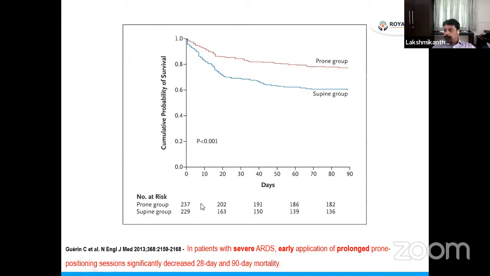The patient should be in prone position for at least 16 hours in a day. Proning for 2 to 3 hours will not help you. It should be done in the early phase of ARDS, in moderate to severe ARDS, and for prolonged prone positioning. It can significantly reduce the mortality at either 28 days or 90 days.